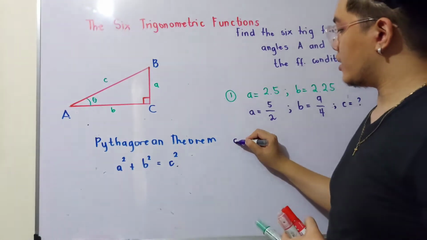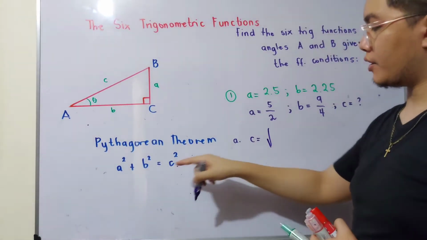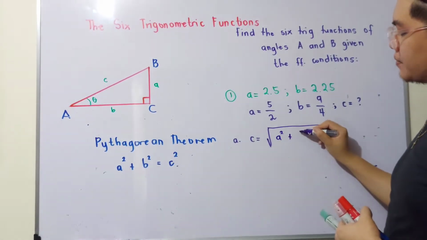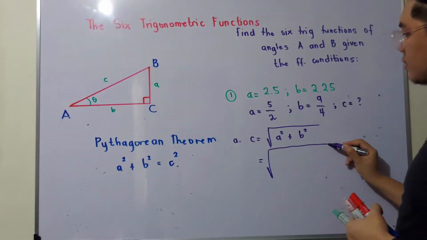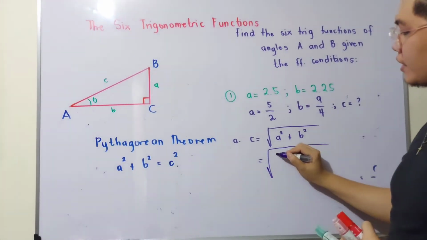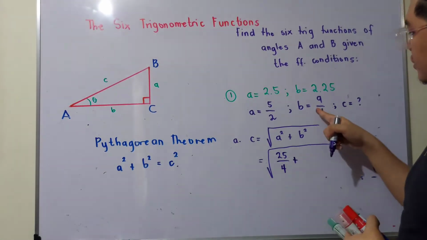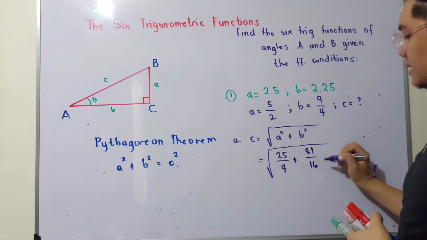Okay, so C is equal to the square root of A squared plus B squared. So, yung square nito ay 25 over 4, plus, yung square nito ay 81 over 16.